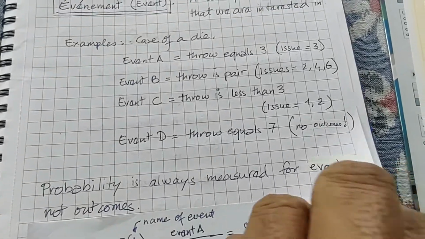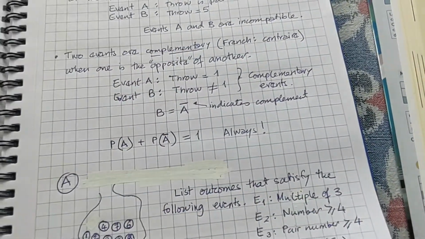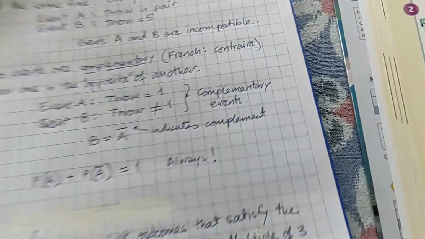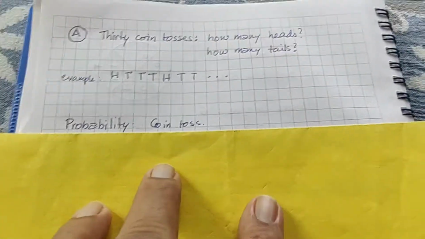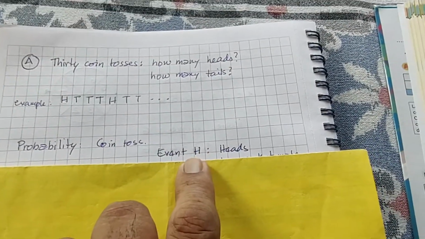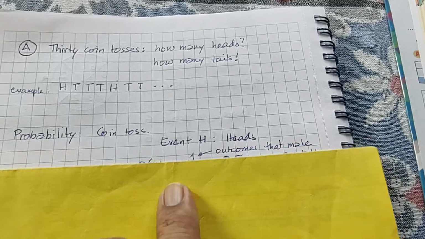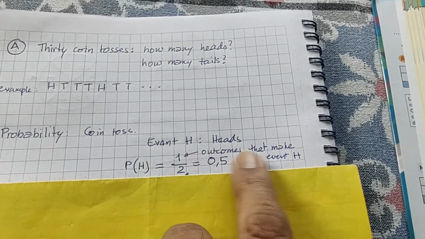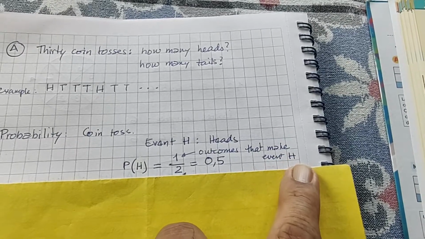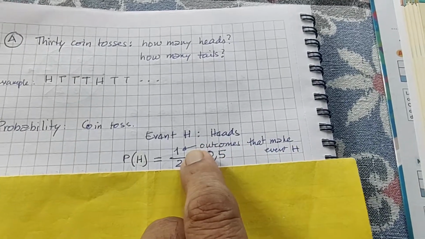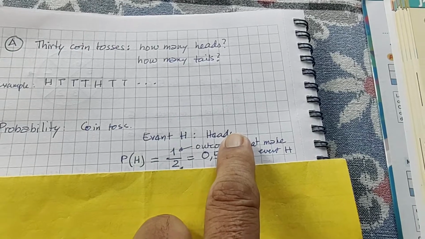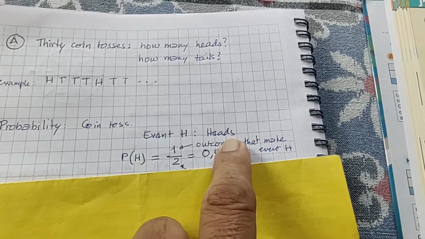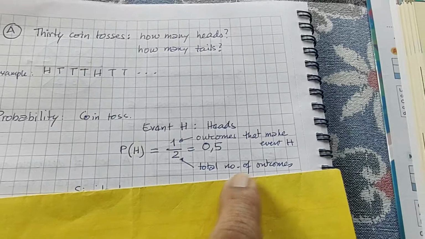Okay, so let's take the example of a coin toss. Say I define event H as heads, then P of H is equal to 1 over 2, because only one outcome makes up event H, that is heads, and 2 is the total number of outcomes.